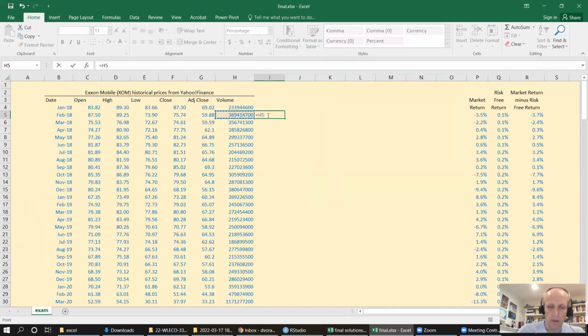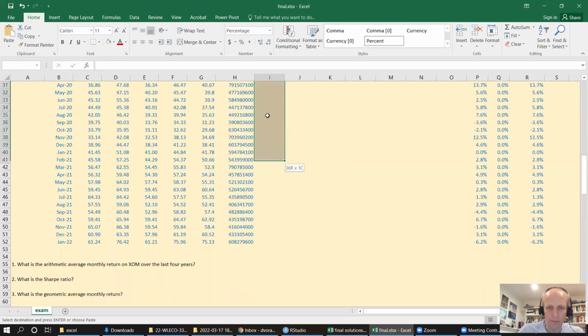And for that, we need to use the adjusted close because that incorporates dividends that were paid to investors. We take the current value, subtract the previous value, divide by the previous value. And let's copy that all the way down.